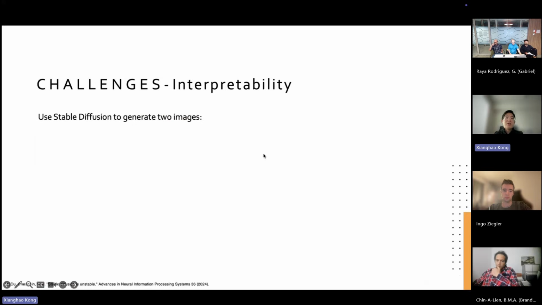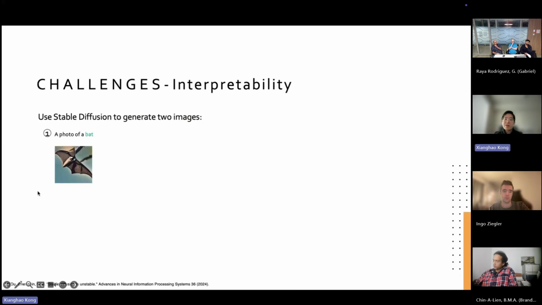A second challenge is the interpretability of diffusion models. Although we know diffusion models have very strong and solid mathematical foundations, something very strange happens in industry models, for example Stable Diffusion. I can give an example: use a diffusion model to generate two images. The first one is a photo of a bat.